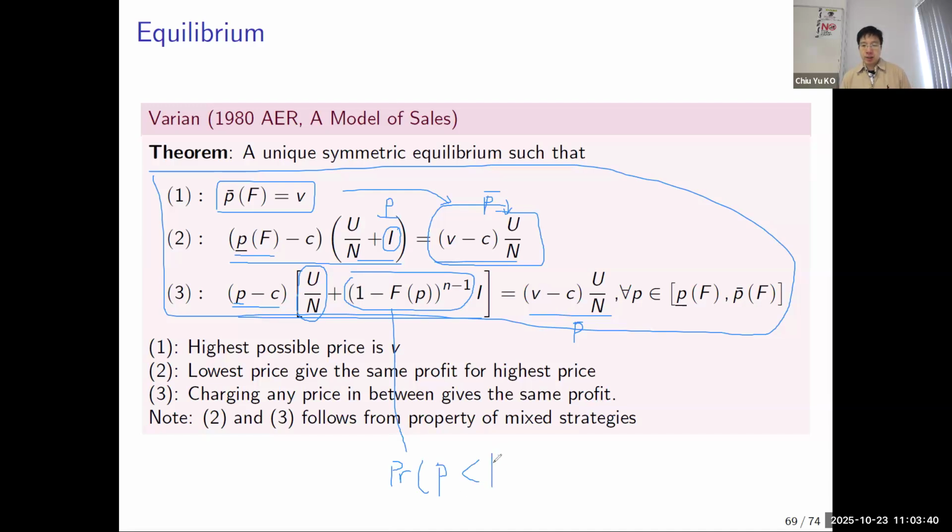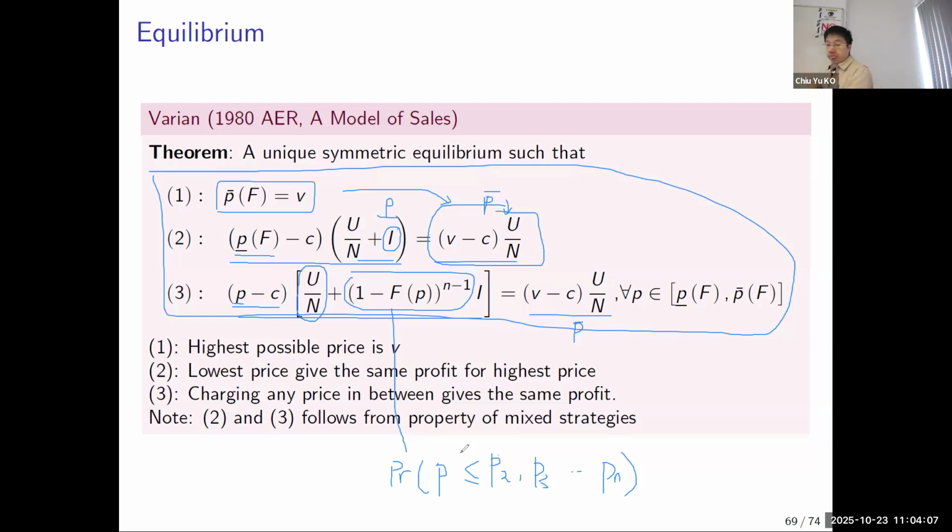Suppose you're firm number one, then the others are P2, P3 up to Pn, and they are independent, so it's just 1 minus F of P, because they're higher than you. You're the lowest, so yes, it's less than or equal to.